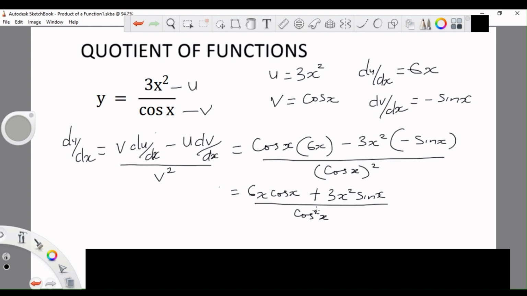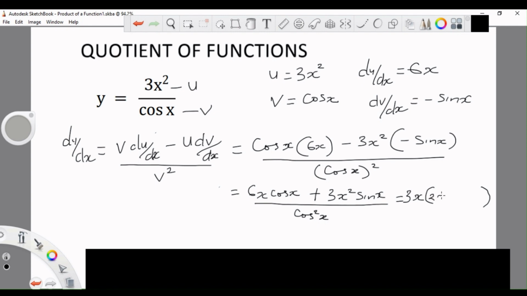But if you want to factorize the numerator, you can do that. Again, first I will open a bracket. Now, the common factors for 6x cos x and 3x squared sin x: 6 and 3, 3 is the common factor, so I'll bring out 3 first. I have x squared, so I'll bring out 1 x. So 3x divided by 6x cos x gives us 2 cos x.